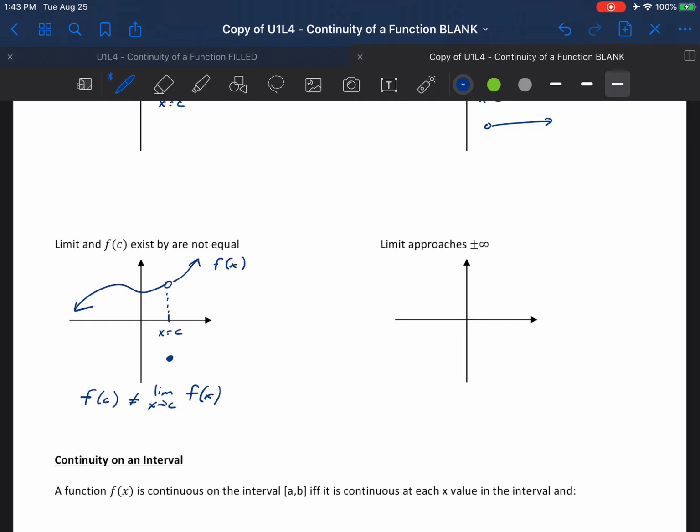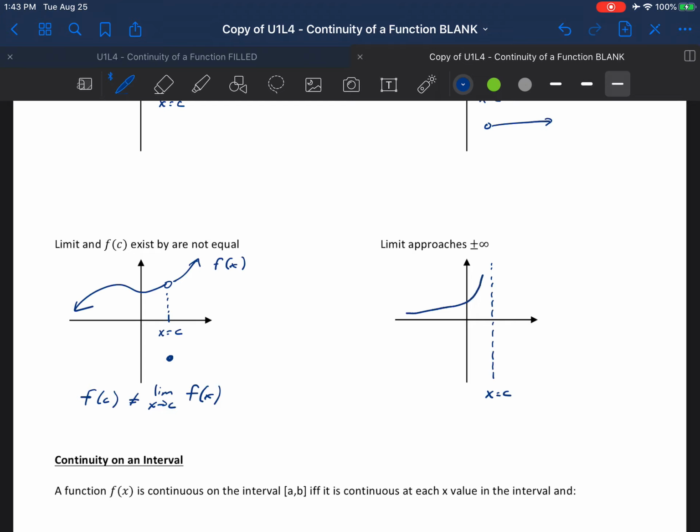Last case, and this is a little bit tricky. Here the limit goes to either positive or negative infinity, but this really implies that there's not a function value there, because positive or negative infinity isn't really a finite value. So in this case, we're going to have a vertical asymptote.